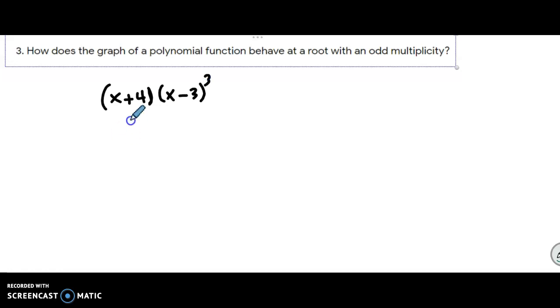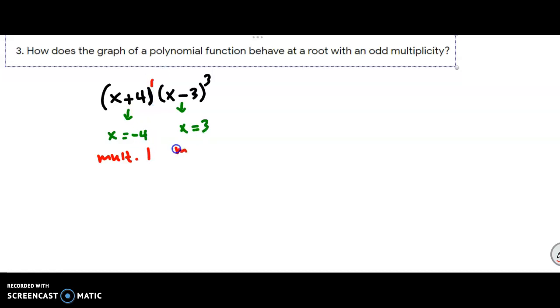Alright, now we know that the roots, if we were to solve these, this is going to be at negative 4, this is going to be at positive 3, and the multiplicity here, now there is a multiplicity, right? What's the invisible exponent? It's 1.